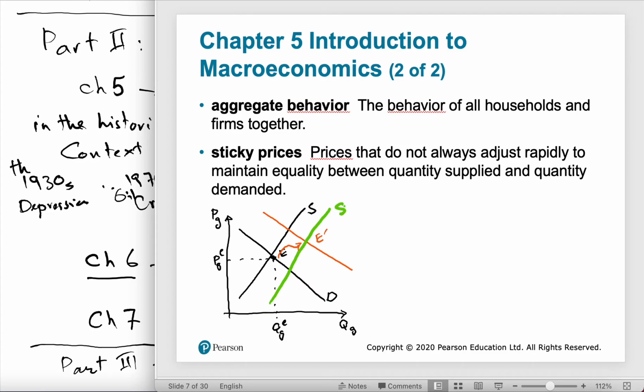So this is S prime, this is basically D prime, and hence we are moving from equilibrium E to the new equilibrium. So the prices can go either this way or this way over time. So it is a dynamic analysis, the dynamics of prices, and also quantities, it is flexible.